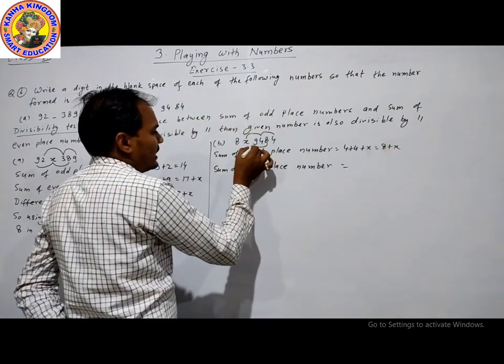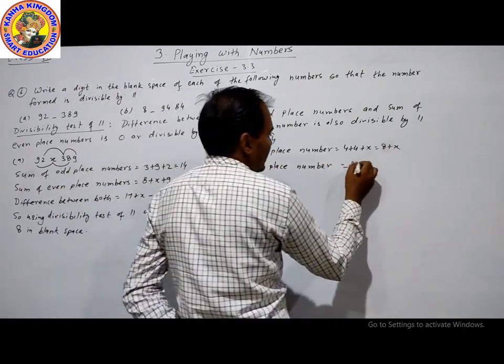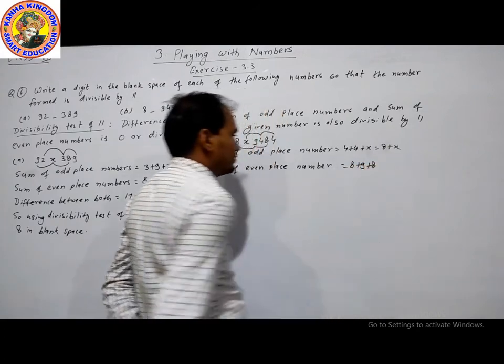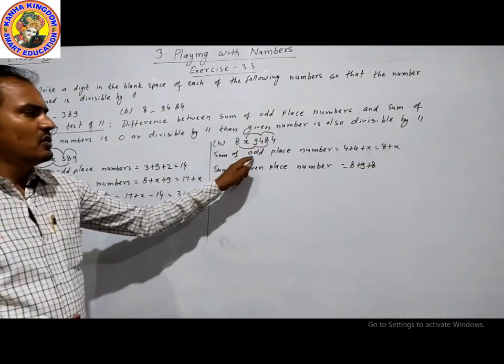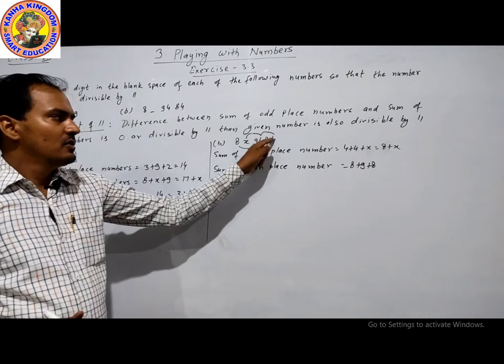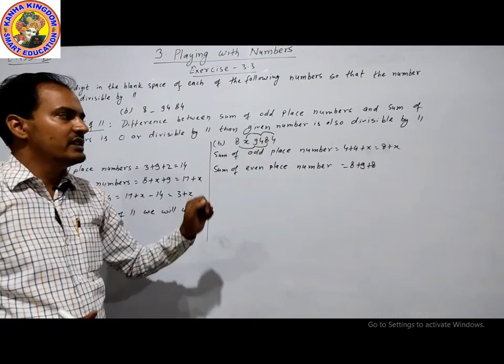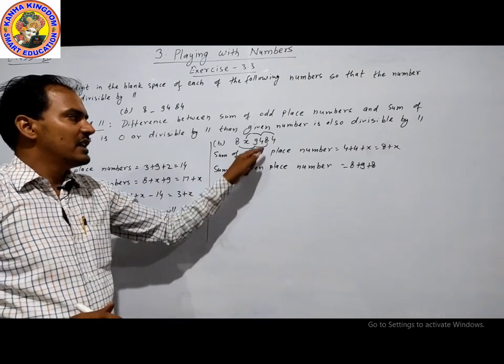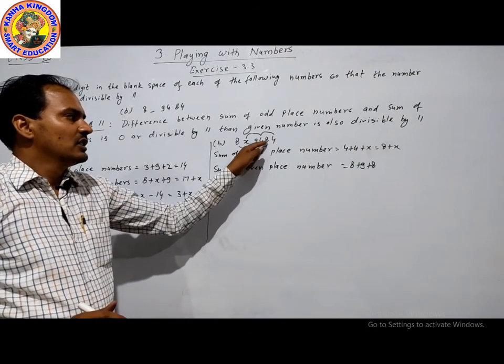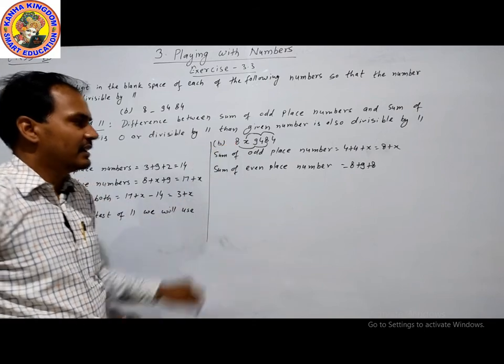Then 898. Sum of odd place numbers, first, third, fifth: the answer is 8 plus x. Sum of even place numbers: 898.